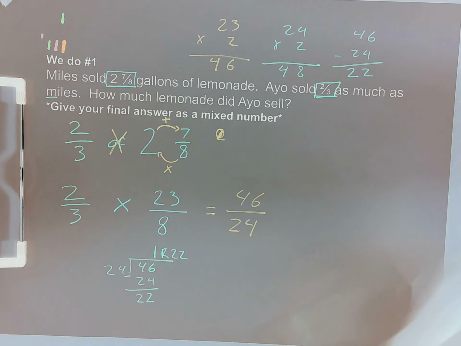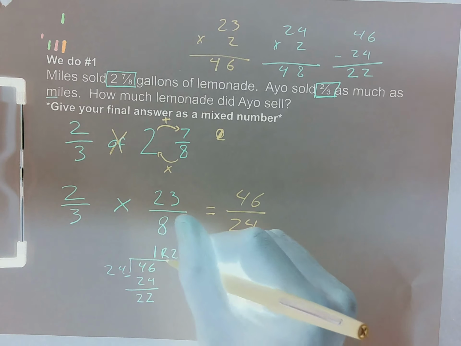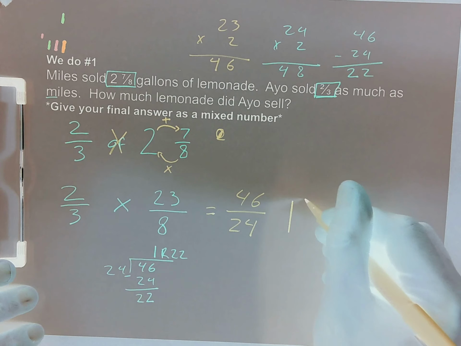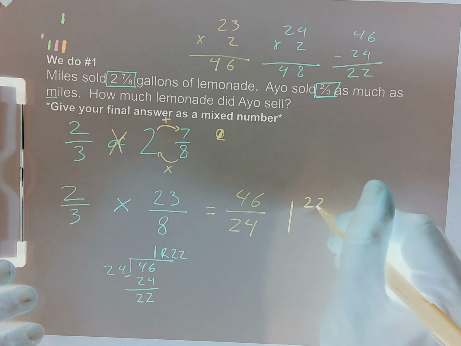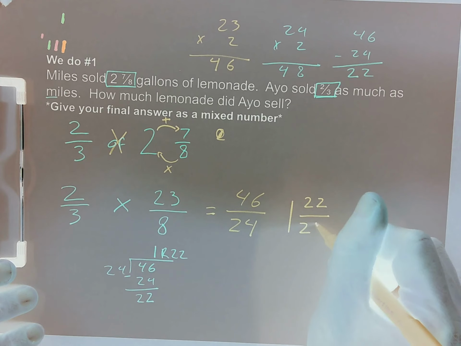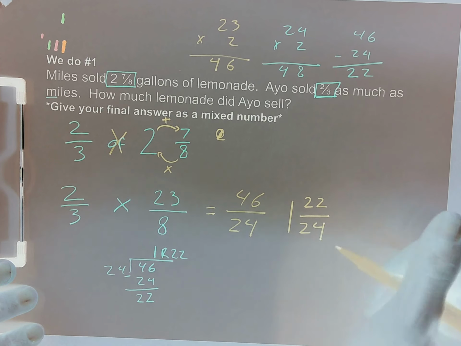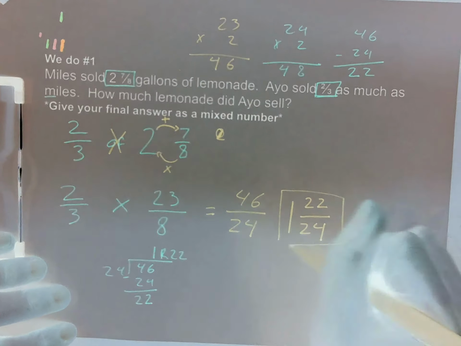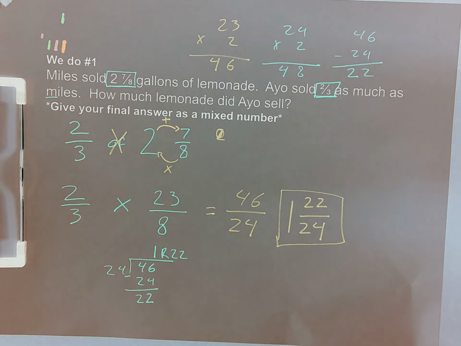Now remember, our answer is going to be our whole number, right? We had 1 with a remainder of 22, and our denominator stays the same. So let's write our answer in a complete sentence.